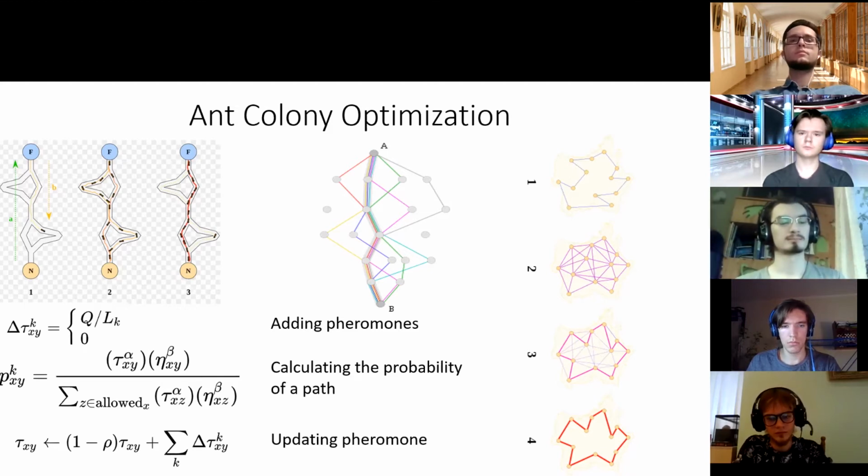Over time, pheromones evaporate, of course, so it works like a memory for this situation. Here you can see only three formulas: adding pheromones, calculating the probability of a path with alpha and beta as hyperparameters, which give us flexible options to regulate the greediness of the algorithm, and the pheromone updating formula.